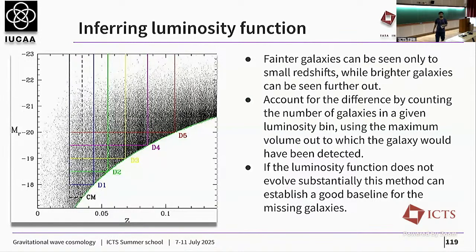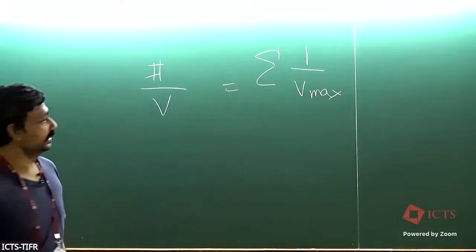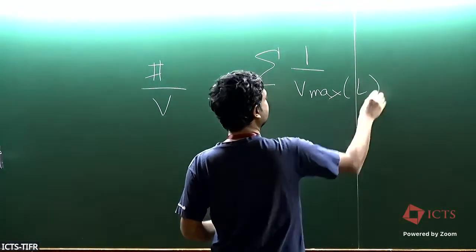So this method of 1 over Vmax, it actually kind of does that, okay? So what you do is you calculate the redshift max, as I said, and then compute the volume. And then instead of doing number of galaxies divided by volume, you do a count with 1 over Vmax. Okay? And this Vmax will be a function of L, right?